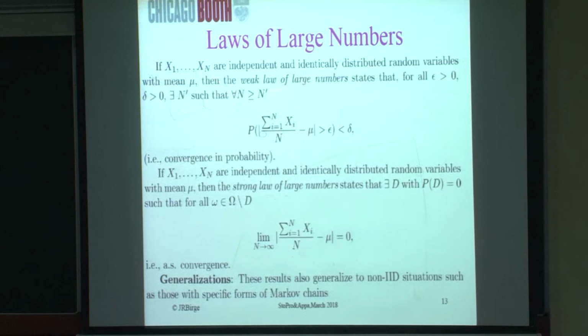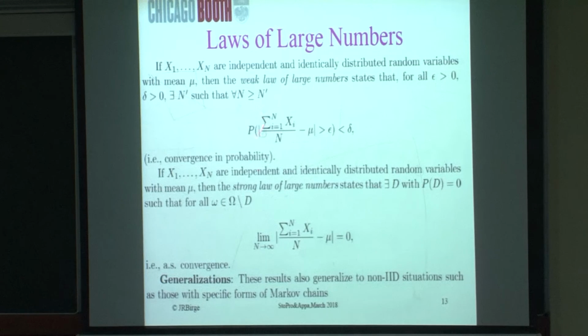In other words, for any epsilon, any delta, there's always a point beyond which the probability that the sample mean is different from the true mean by more than epsilon is smaller than delta. So this is convergence in probability. It just says that the sample mean is getting closer and closer to the true mean.